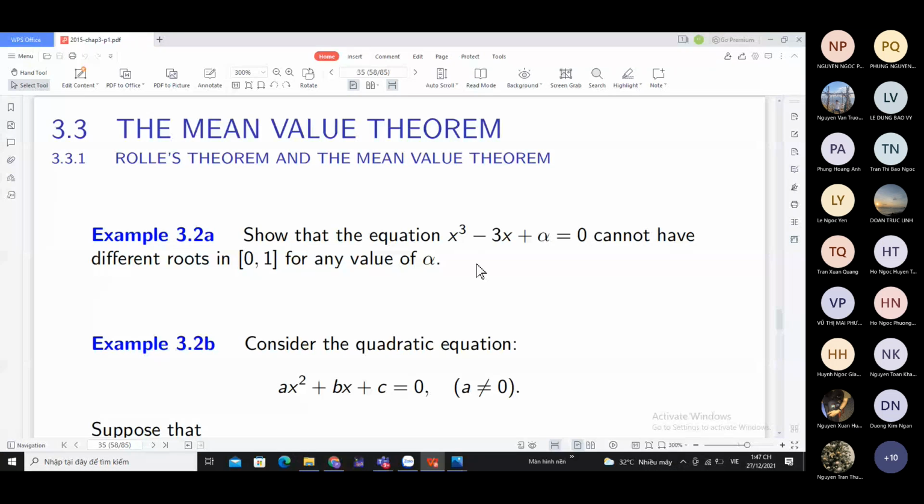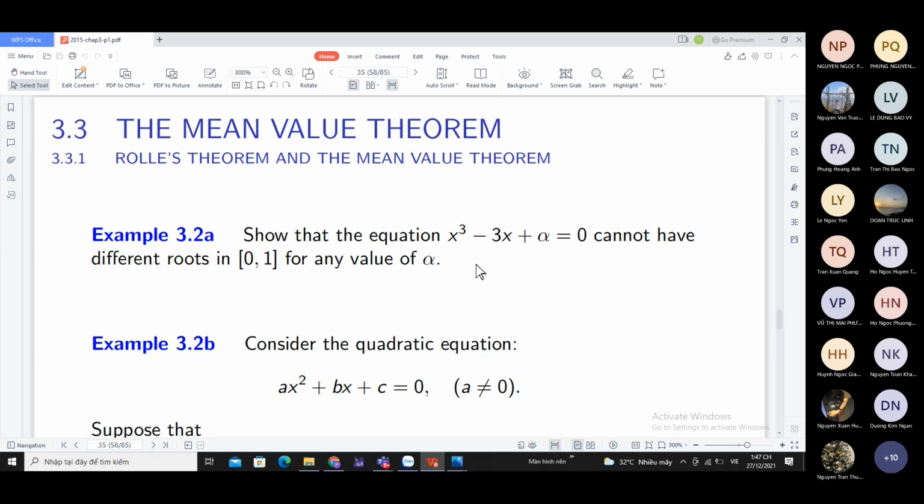All right, now look at example 3.2a. Now, we want to prove that the equation x cubed minus 3x plus alpha equals 0 cannot have two different roots in the closed interval 0, 1 for any value of alpha.